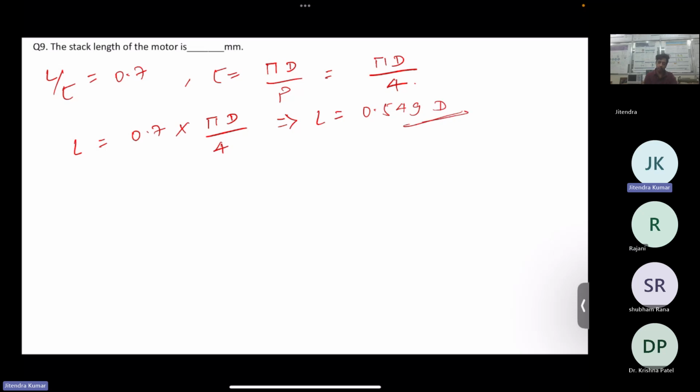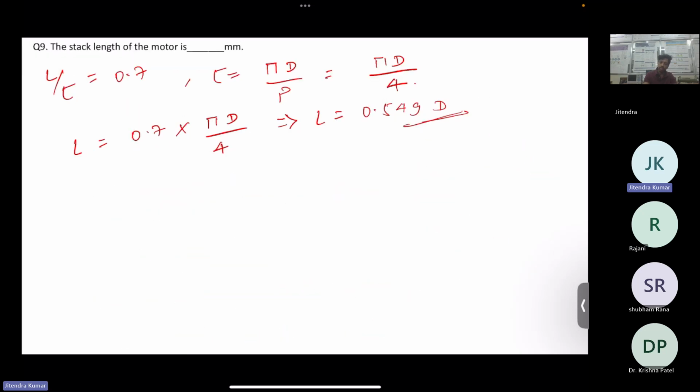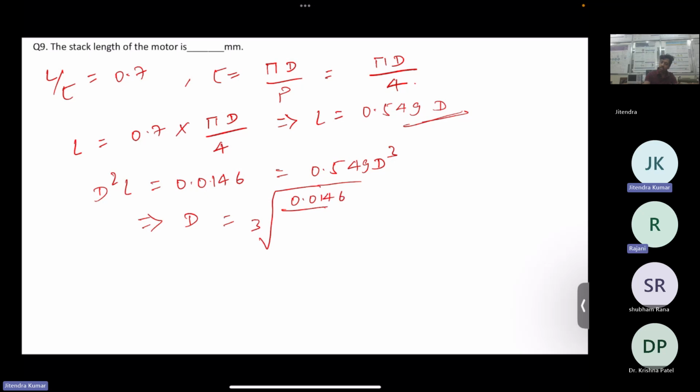After that, we can calculate d. We can put this value of L in terms of d in d square L. So d square L is 0.0146, and it equals 0.549 d cube. So d will be the cube root of 0.0146 divided by 0.549.